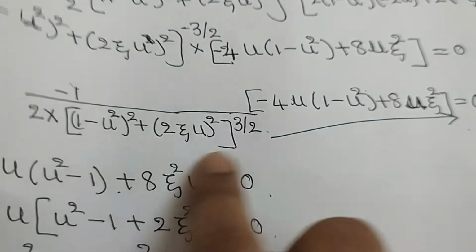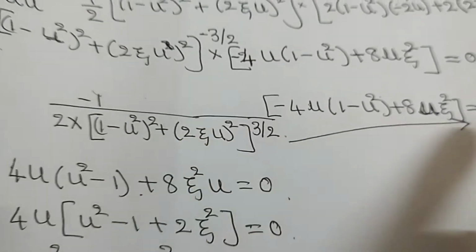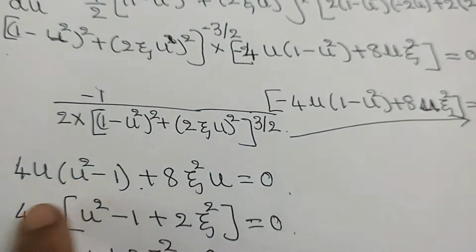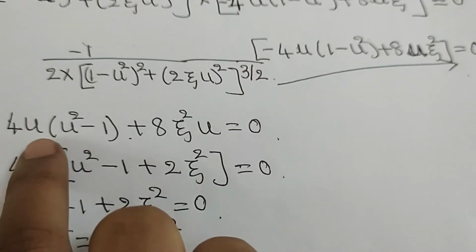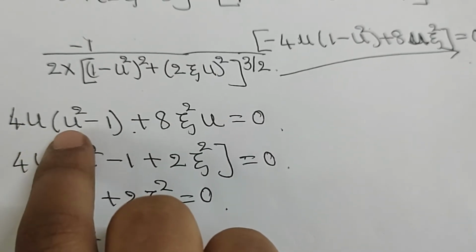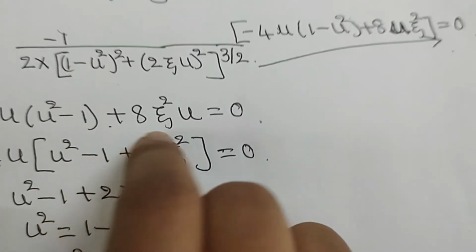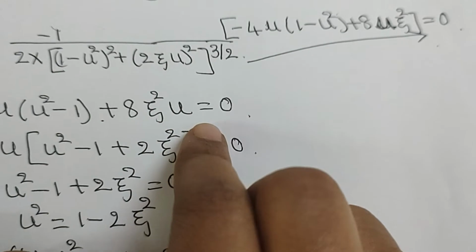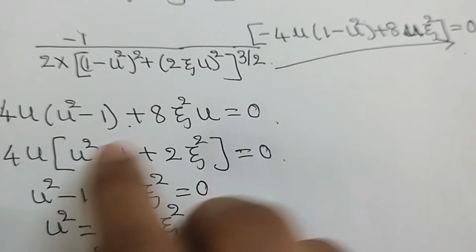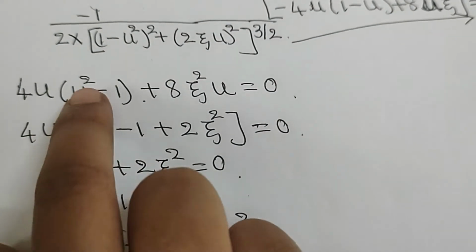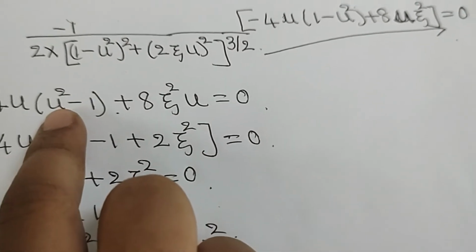The denominator will become 0, and only the numerator will remain. So 4u cubed minus 4u plus 8 zeta square u equals 0. Why did we take u square minus 1?